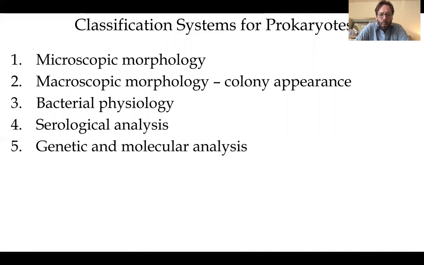And when we get into E. coli later, we'll talk about how there are different serotypes of E. coli. And so that's going to use serological analysis. And then genetic and molecular analysis. So sequencing, all right, the ribosomal RNA, for instance, looking at it from that degree of resolution. All these different ways are used to classify them and put them into their different bins for further understanding.